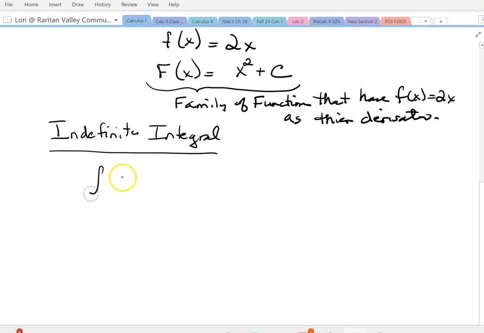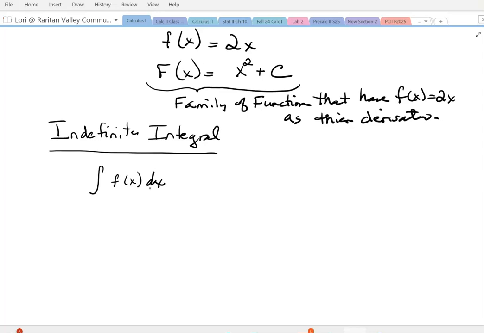So the indefinite integral, it kind of looks like a squished out S, and we're going to talk a little bit more about this symbol for integration in the next chapter, but for now, you're just going to know it as the indefinite integral. The symbol is integral of our f of x dx. This dx piece, again, I'll talk a little bit more about that piece in the next unit, but for now, it basically tells you what you're integrating with respect to.